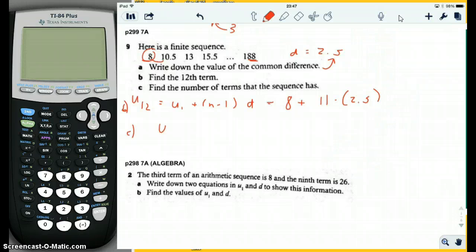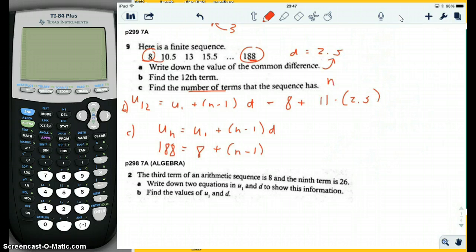If we make the equation again, u1 plus n minus 1 times d, and we substitute in the right numbers, like for example 188 for un, u1 is 8 of course, and then we don't know the n, and that's exactly what they're asking. Find the number of terms. They want to know what n is.